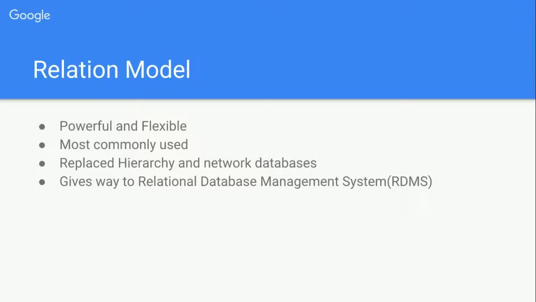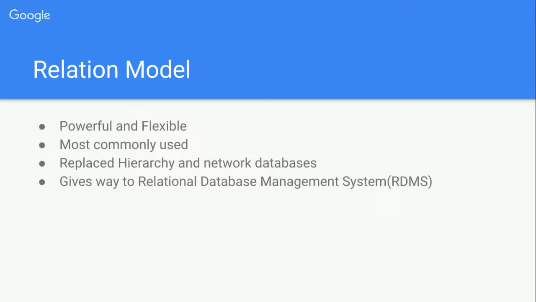The relational model is the most commonly used model and replaced hierarchy-based network databases, and it's called a relational model because it placed a relation on each input. So every input was related to something else, and that connects all the data to each other.